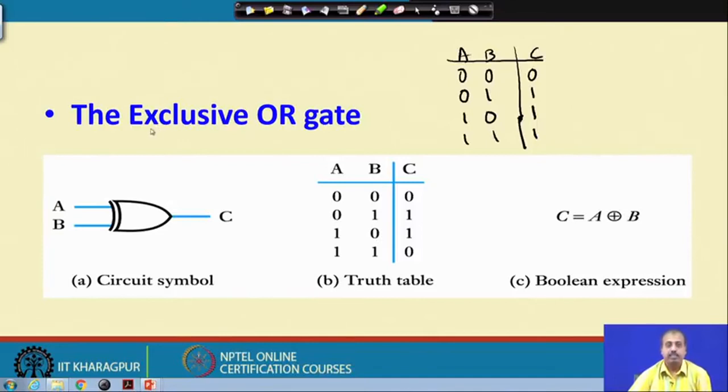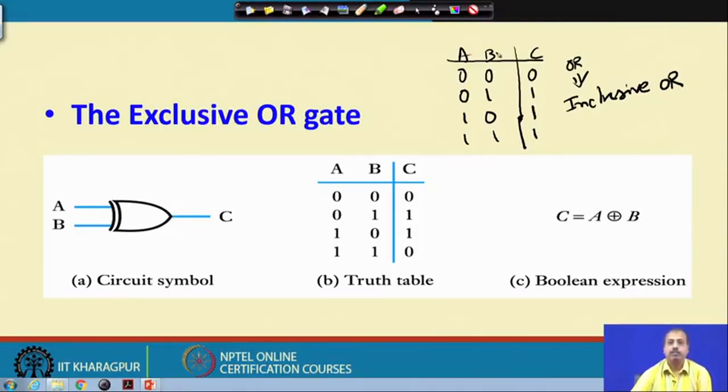As the name suggests, the exclusive OR gate requires that exclusively only one of the inputs be equal to 1. If both the inputs are equal to 1, then the output will be equal to 0. As a result, this OR function is sometimes also called inclusive OR, just to separate it from exclusive OR. We will see the exclusive OR gate in detail later.